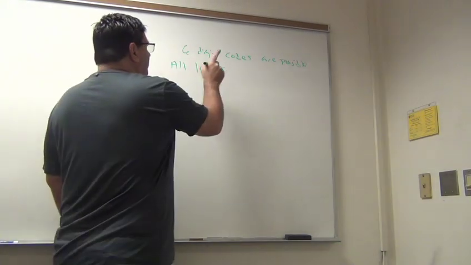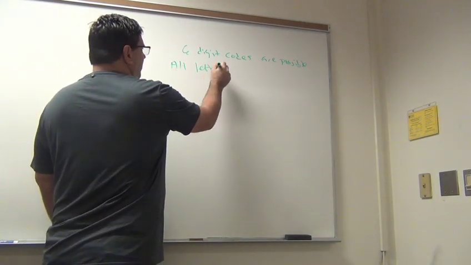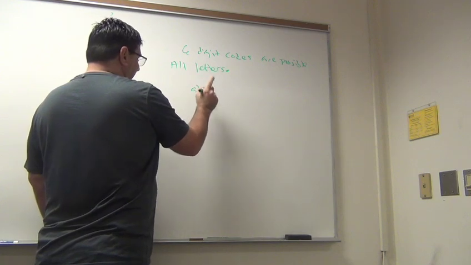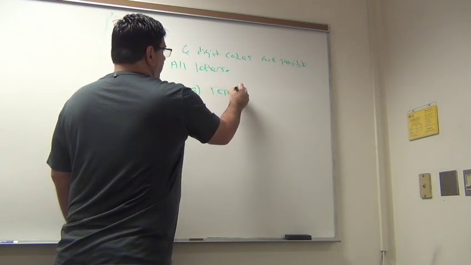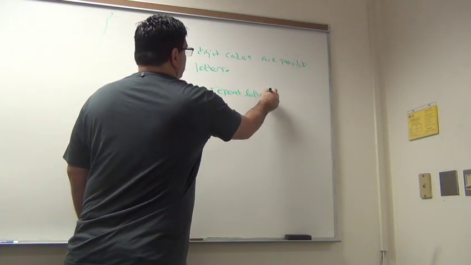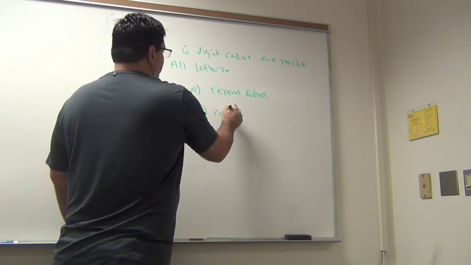Okay? So how many different codes are possible if we're using all the letters in the alphabet, and A, you can repeat letters, B, you cannot repeat letters.